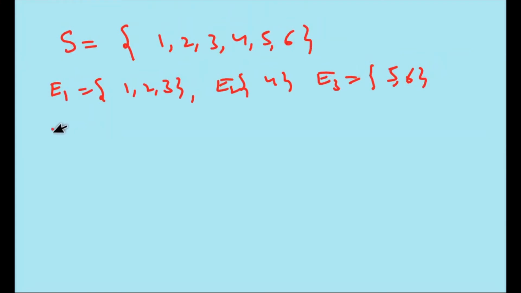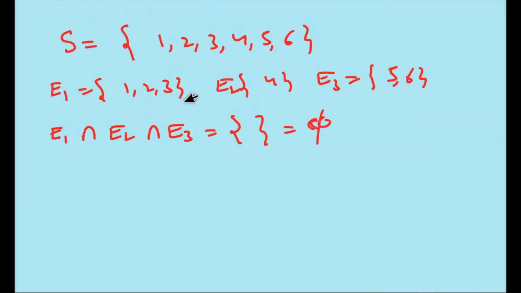Now you can see the intersection of all events is 5, and if this is 5, it means the intersection of all these events is 5.